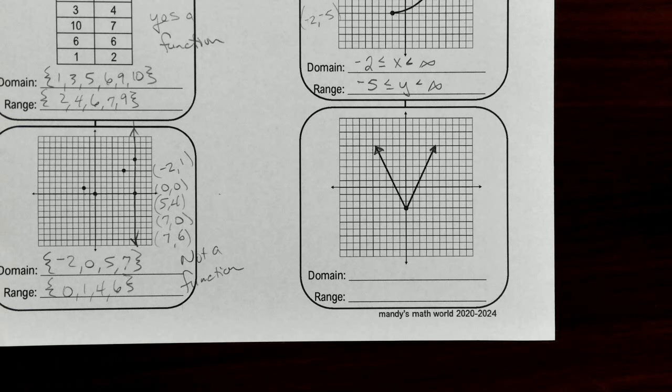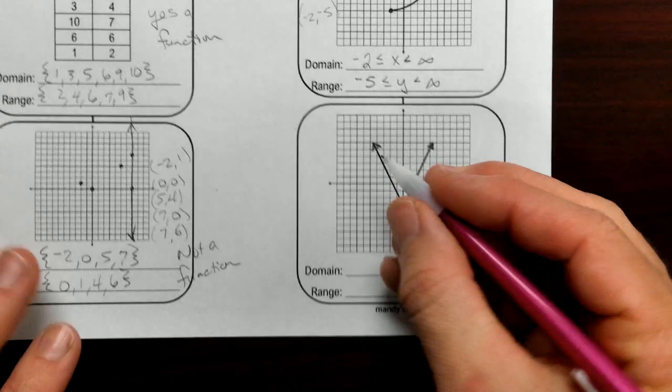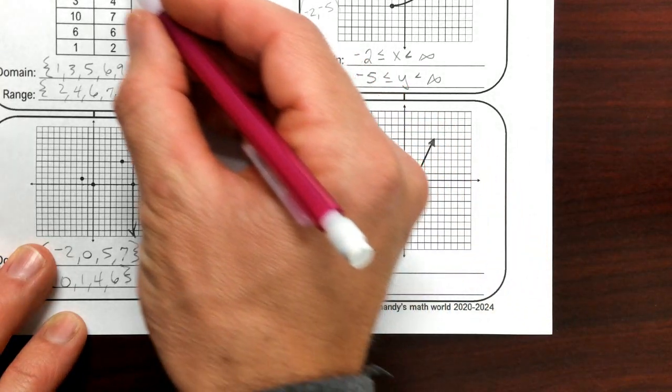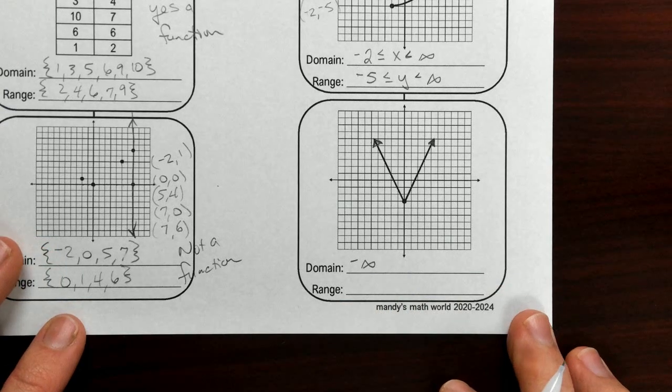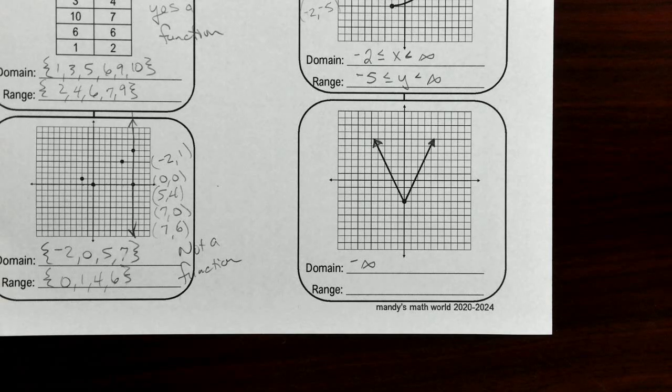So again, both of those lines are going to keep going to infinity. Okay, so again, my graph is going to start at negative infinity, because I don't have a point to start at. That line keeps going. So you're starting at negative infinity.